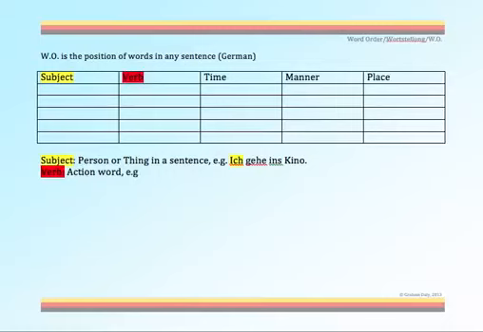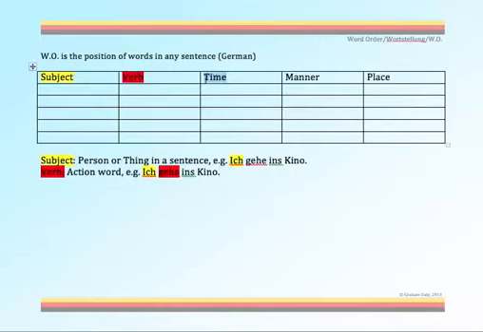So for example, Ich gehe ins Kino. You already know who's going to the cinema. It's myself, or I. So I'm going to put that in yellow. This gehe part is what you're doing. I am going. So that's the red part.